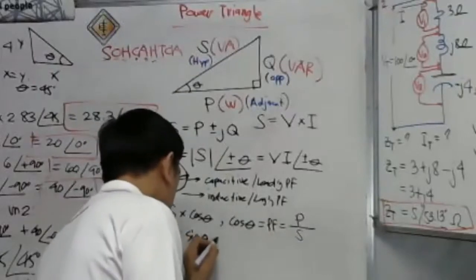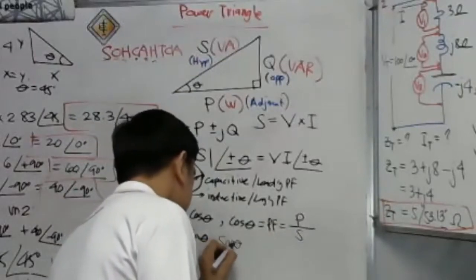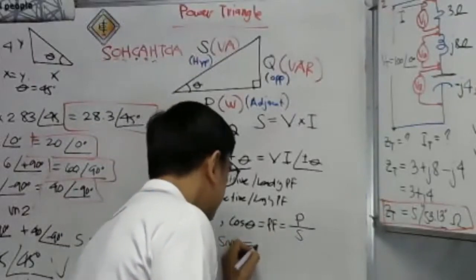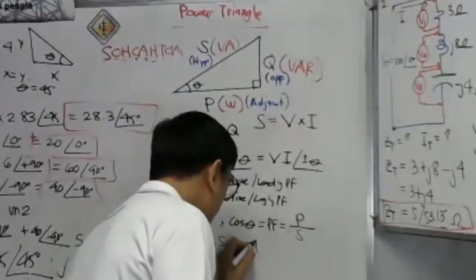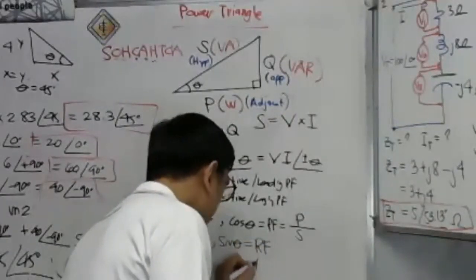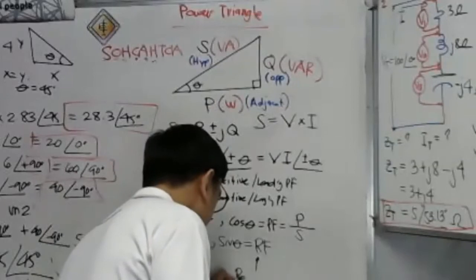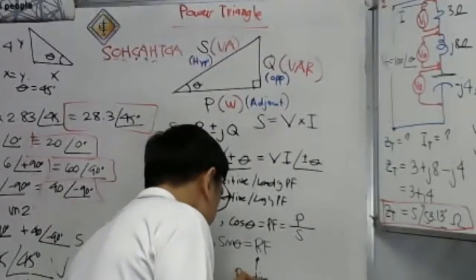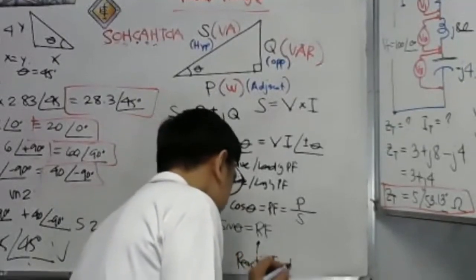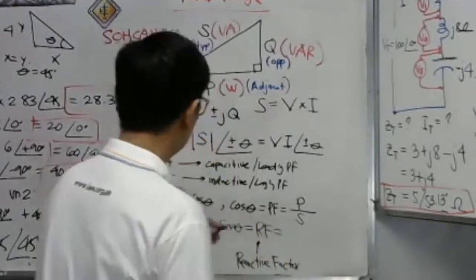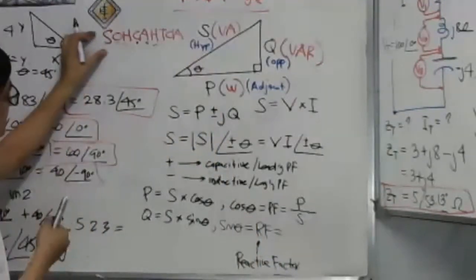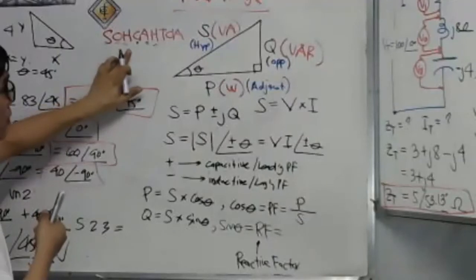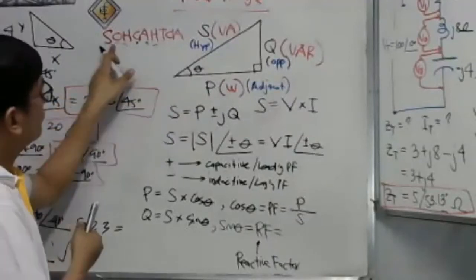What about now the sine theta? Sine theta is what we call RF, or the reactive factor. What is sine theta? Sine theta is opposite over hypotenuse. What is the opposite?